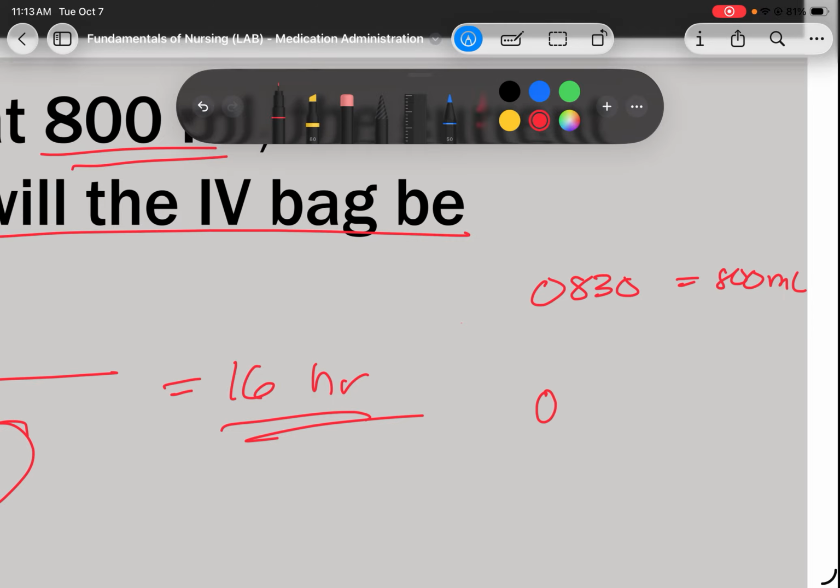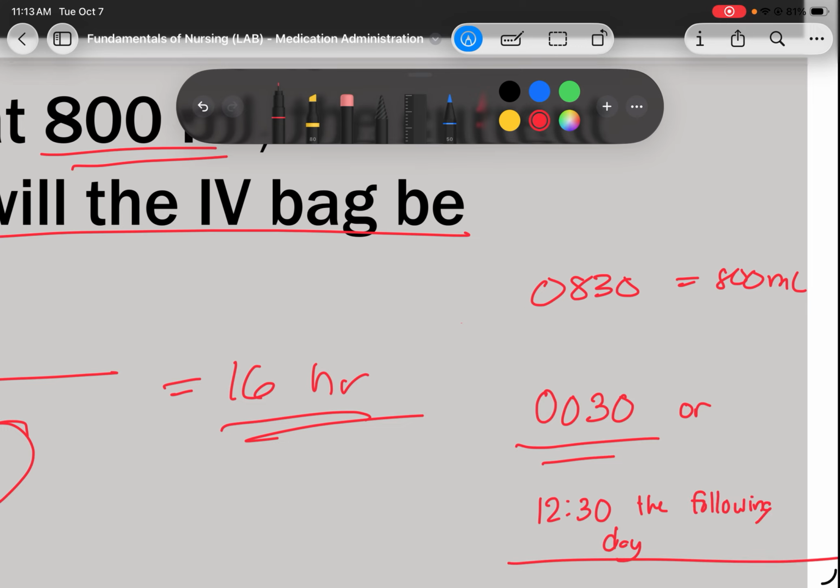But since there is no 24 in military time, it's going to go back to 0030. Or if it's 12-hour time, 12:30 the following day. Okay? That's it, class.